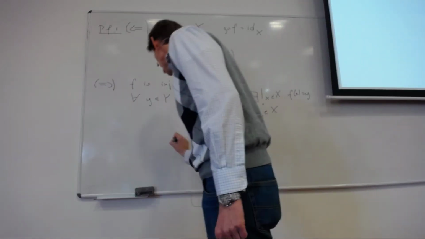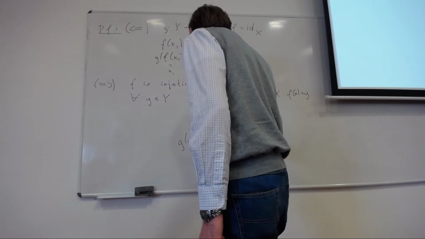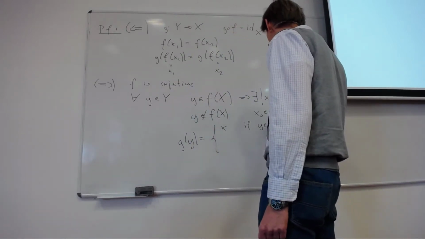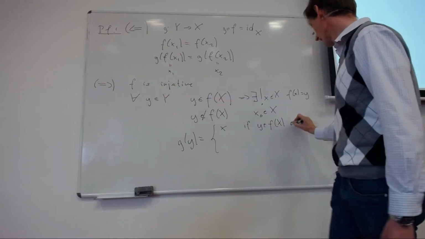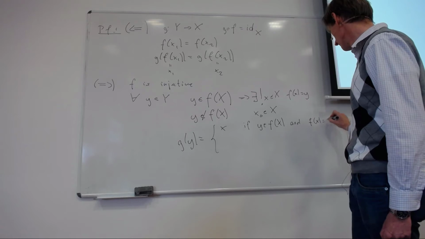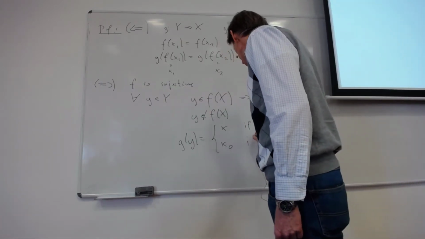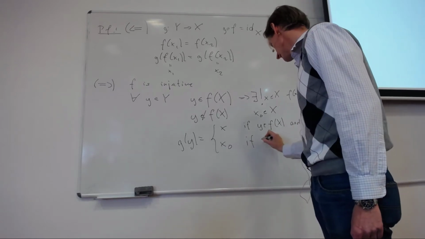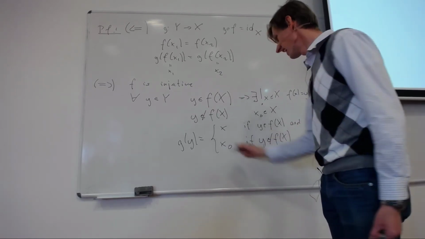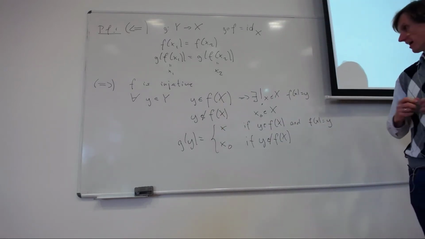So we can define g of y to be equal to x if y is in f of X and f of x is equal to y, or we can just say that this is x0 if y is not in f of X. So this is a well-defined function.